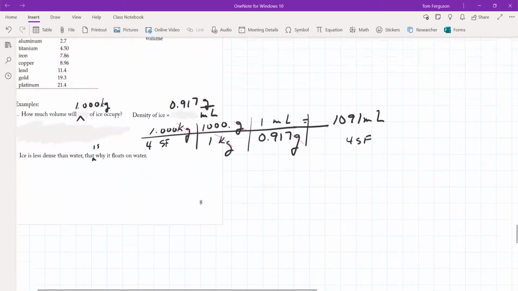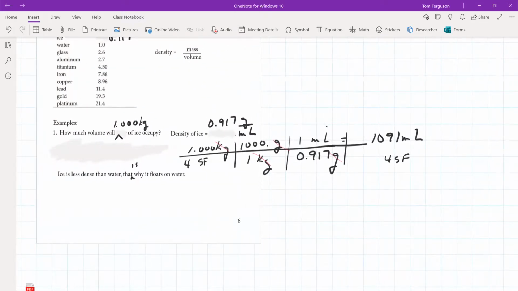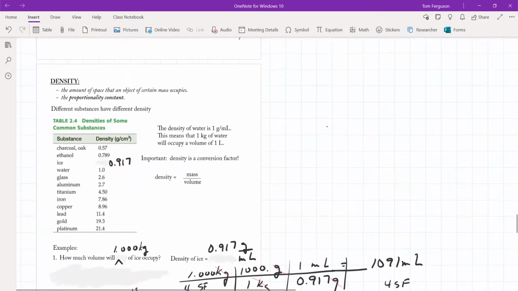Okay, let's see now. There is another conversion factor that's used a lot in chemistry and geology and physics as well, and that's density.